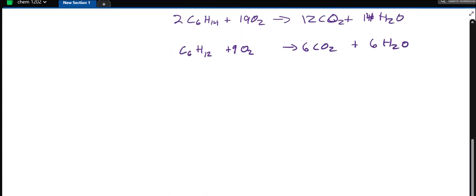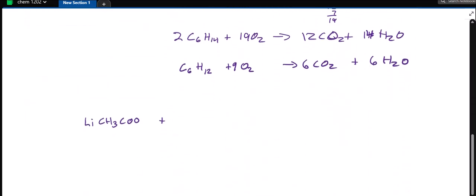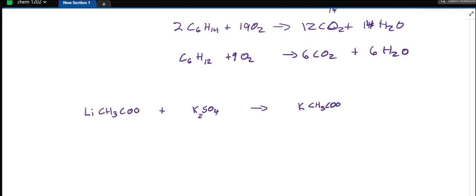So let's say I had lithium acetate plus potassium sulfate yields potassium acetate plus lithium sulfate.